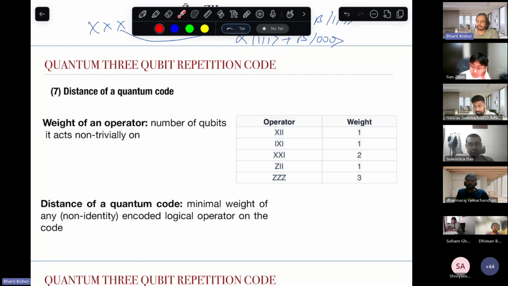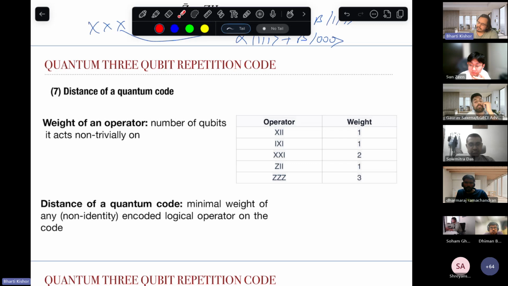In the classical case everything was formulated in terms of bit flips, but now you can have X, Y, Z, and so on. So you ask for the minimal weight of a non-identity encoded logical operator on the code, because at those many places, X, Y, or Z can occur, and that will take you from one code word to another. In that sense, it's the analog of the distance of a classical code.